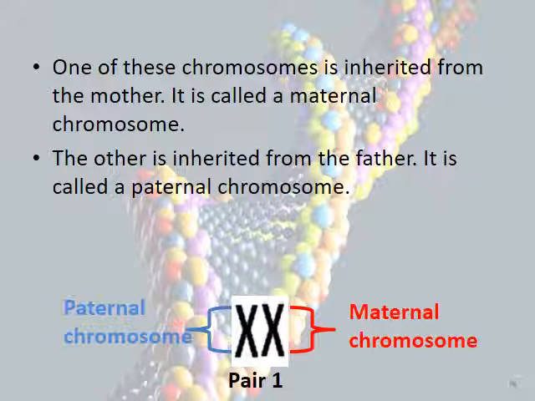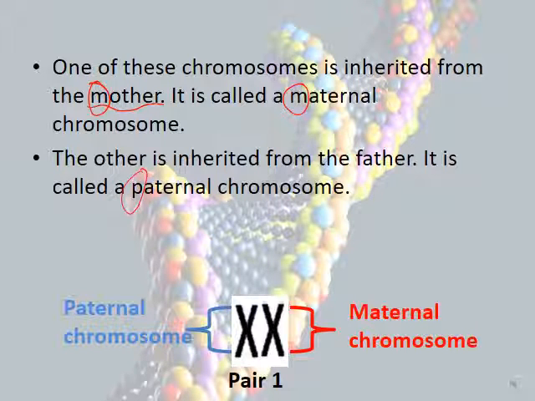Since we have 2 copies of each chromosome, one of these chromosomes is inherited from the mother. That's why M: mother, maternal. The other is inherited from the father. Father, papa, so it's the paternal chromosome.